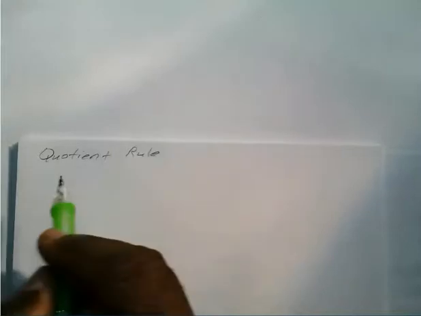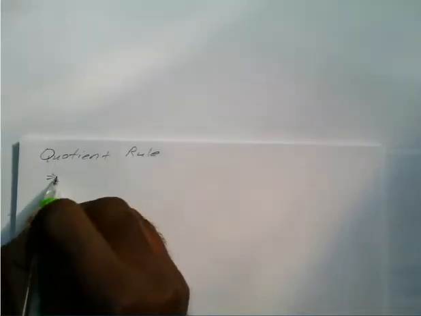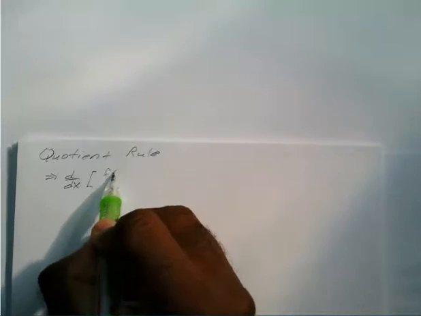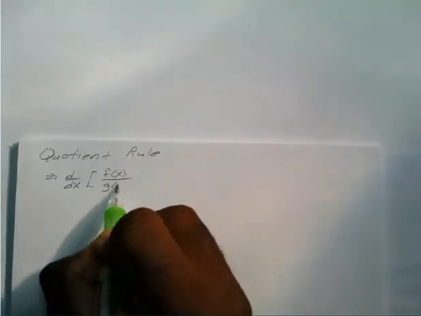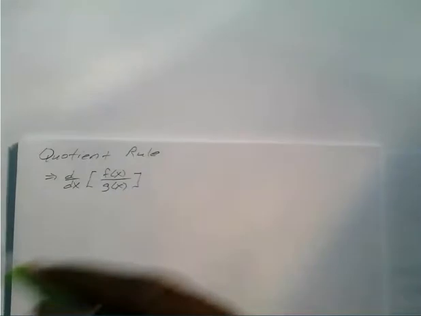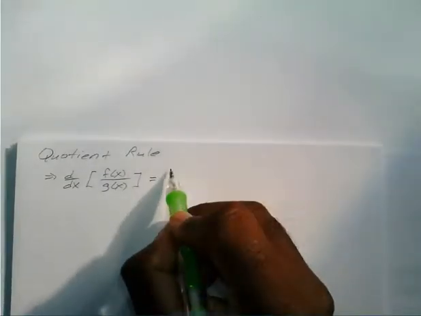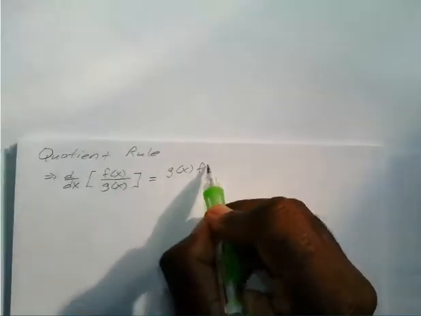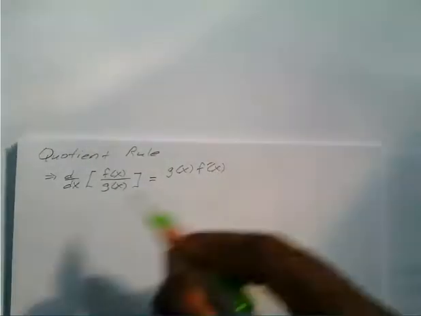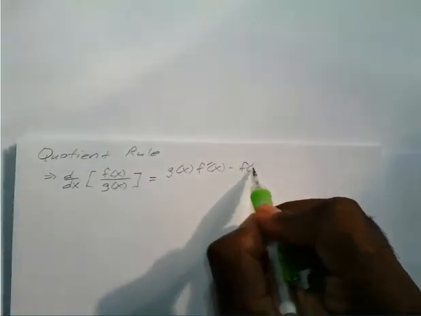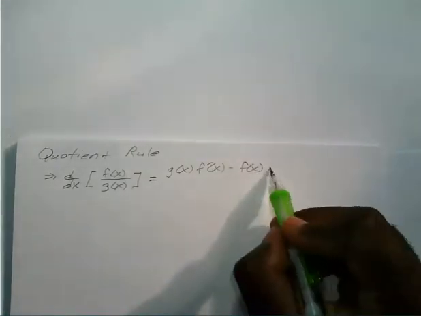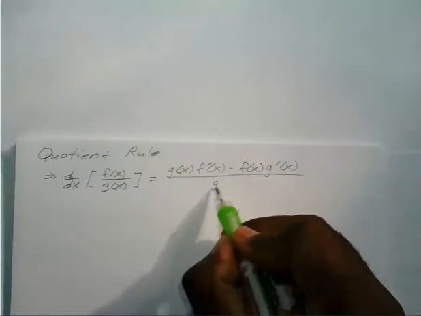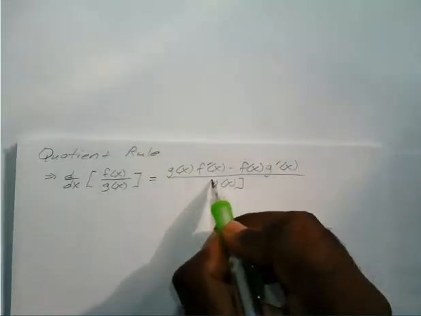Okay, so the quotient rule states that you have the derivative of a function divided by another function, and that's going to equal your denominator times the derivative of your numerator minus your numerator times the derivative of your denominator all over your denominator squared.